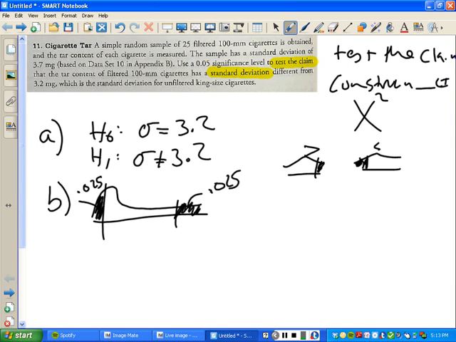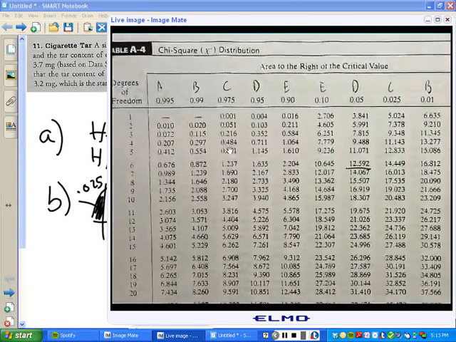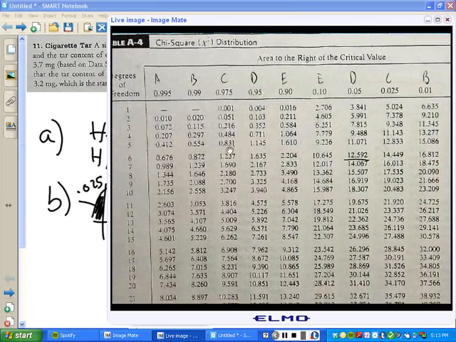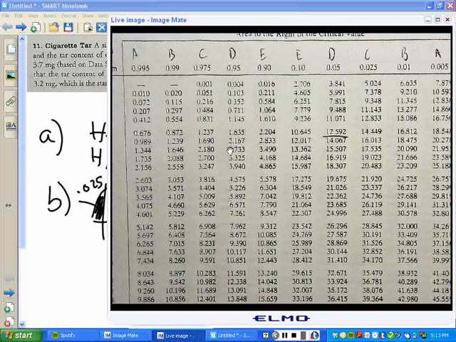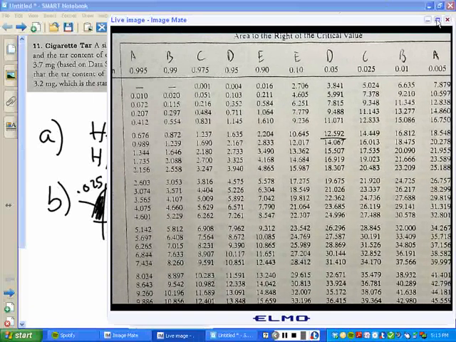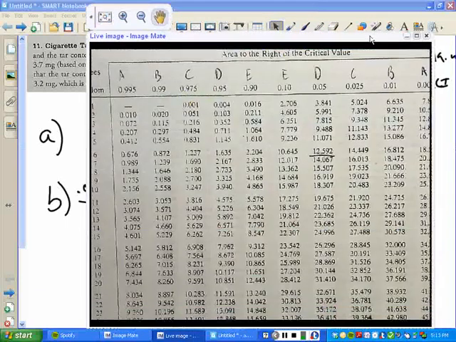Okay. Now as we go to do this, what's our degrees of freedom? 24, right?